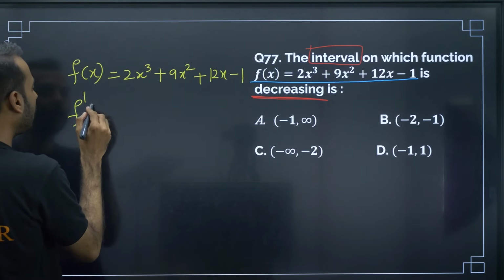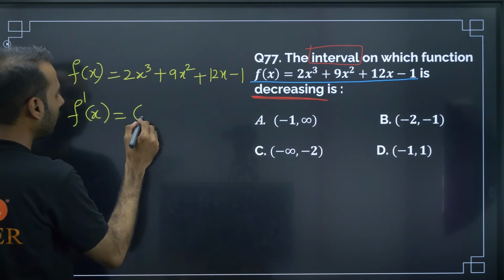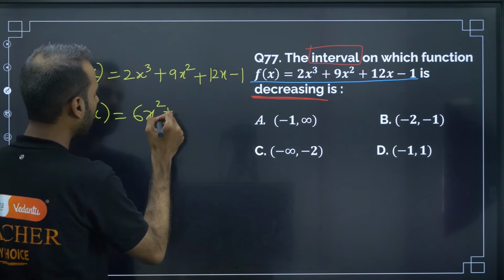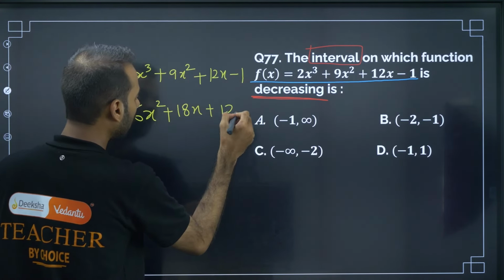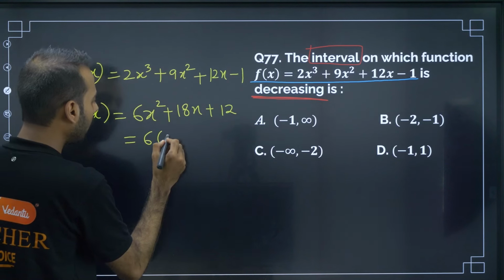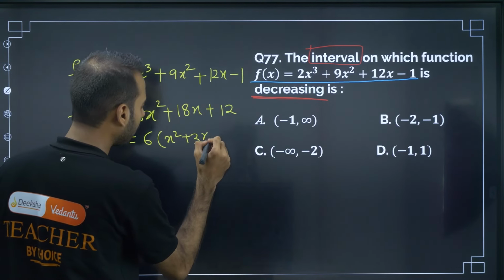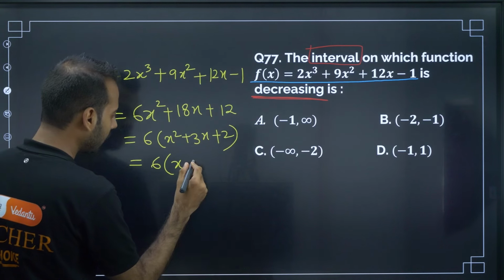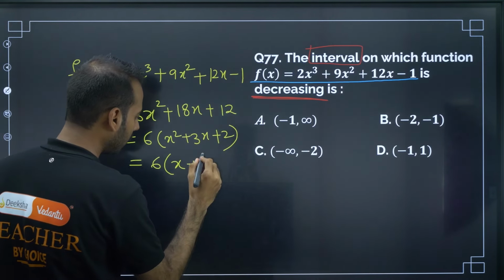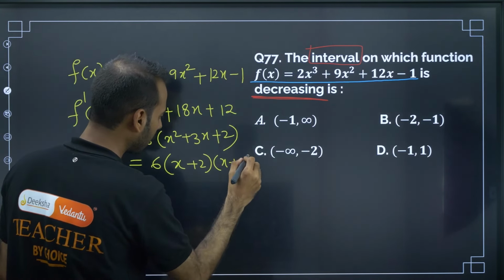Now if I differentiate this, 6x square plus 18x plus 12. If I take 6 common, x square plus 3x plus 2. Next 6 times x plus 2 times x plus 1.